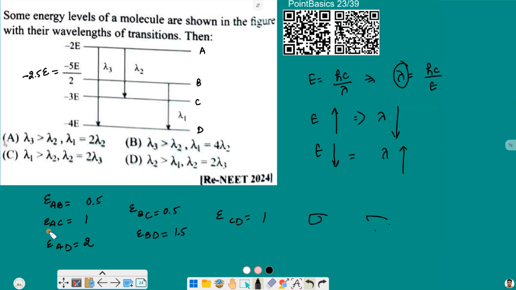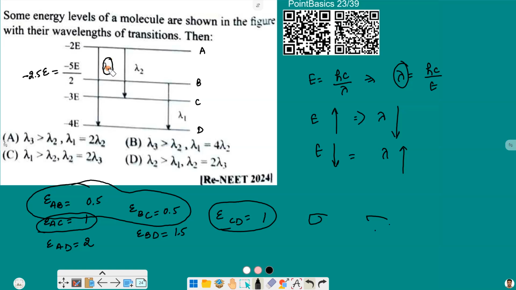So we can see that we have a 1 unit gap here, and we have a 1 unit gap here. So as for both of these transitions the energy gap is the same, their wavelength will also be the same. And similarly for these two levels, we will have the same energy or same wavelength. So now let's start with this lambda 3.